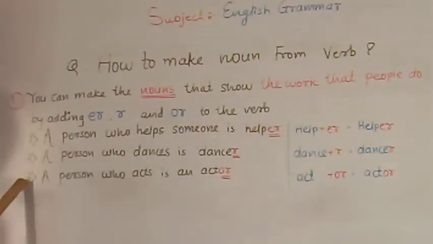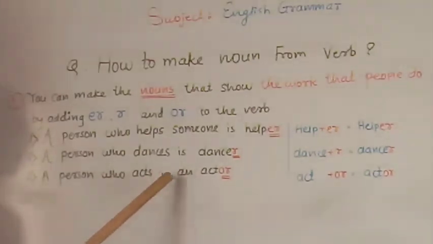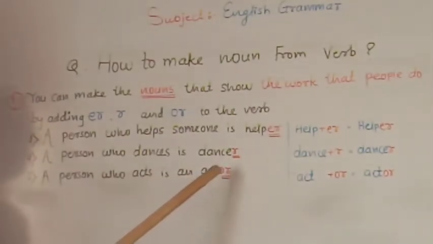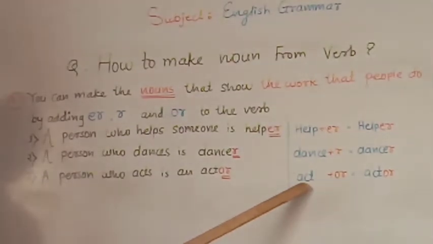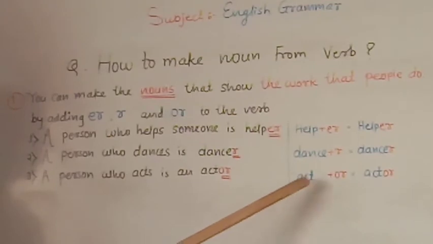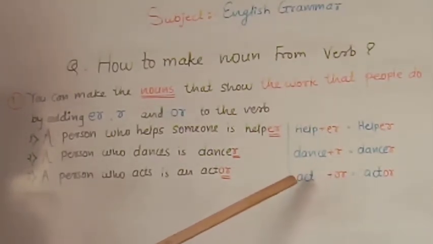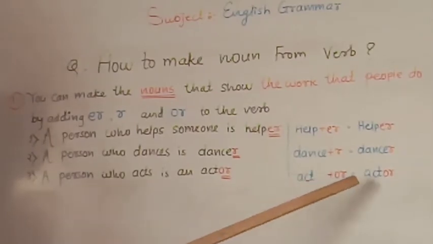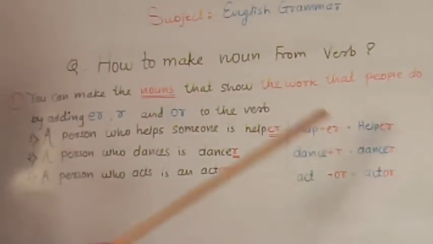Next, a person who acts is an actor. In this sentence, act is a verb, means an action word. We have to add or to the verb. It becomes actor, means noun.